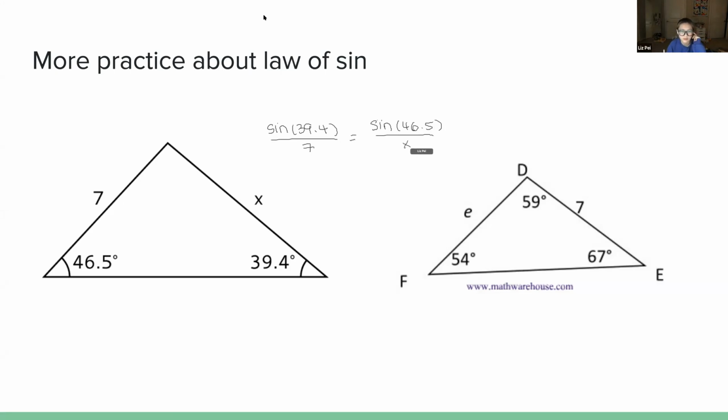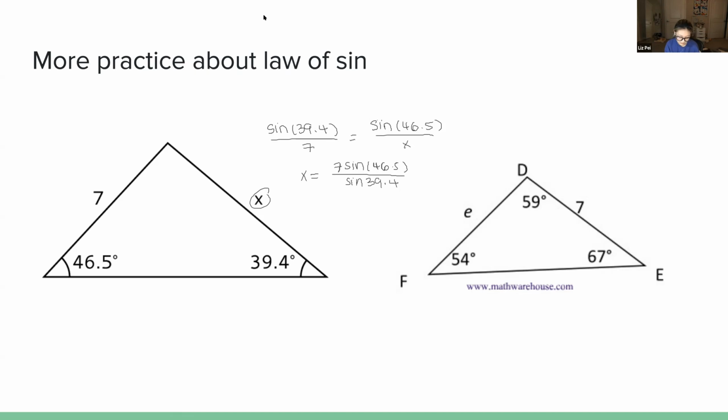That's our equation to solve for x using law of sines. To solve it, we do what we normally do, so x equals 7 times sine of 46.5 over sine 39.4. Then you can just use your calculator to do it.